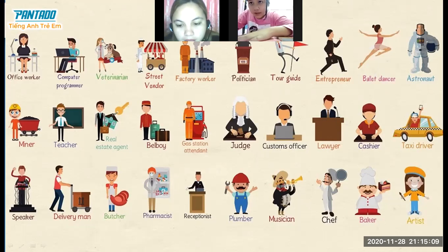Entrepreneur. Ballet dancer. Astronaut. Miner. Teacher. Real estate agent. Bellboy. Gas station attendant. Judge. Customs officer. Lawyer. Cashier. Taxi driver.